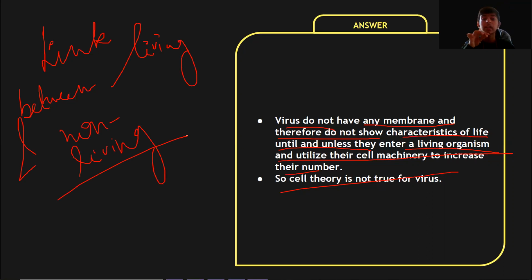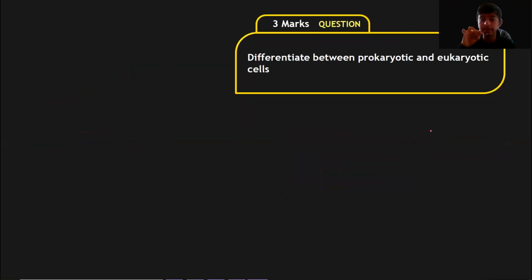Suppose they do not get a host, meaning any organism, then they are non-living. But as soon as they enter a host or living organism, they start multiplying and use the host machinery, isn't it? And that's why they become living. That's why cell theory is not applicable for them, and they do not have any membrane also, and do not possess any characteristics of life.